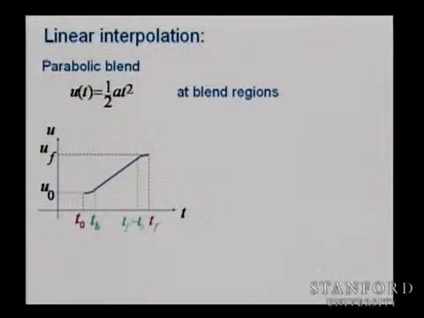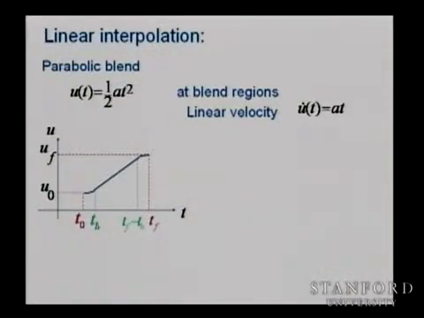In this case, the equation for the parabolic blend itself is u of t equals 1/2 a t squared. So we have one parameter, a, and we want to introduce some conditions for it. That gives us one more condition that we can satisfy, which in our case is velocity. We want to make sure that the velocity is continuous throughout the motion.